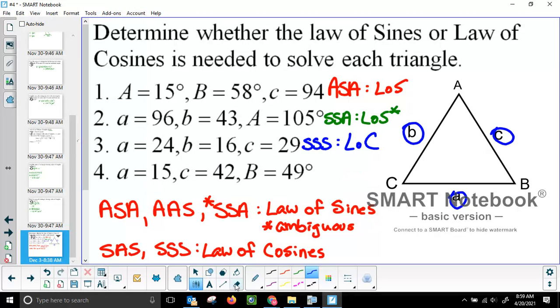And last but not least, we are given side C and angle B. So this is side, angle, side, which is the regular law of cosines.